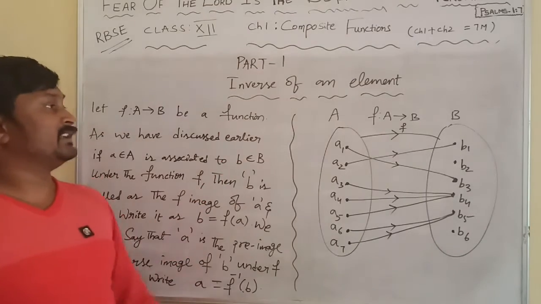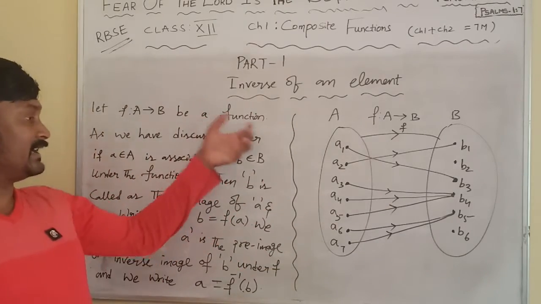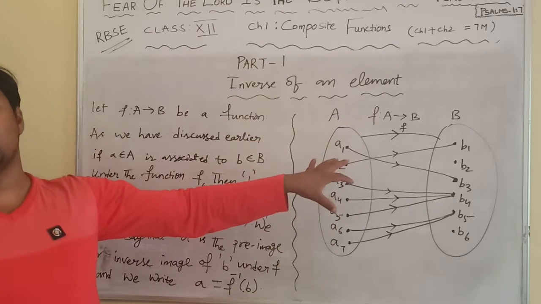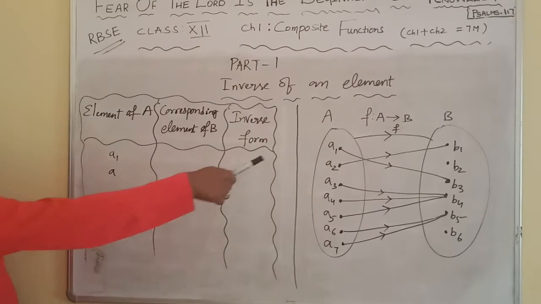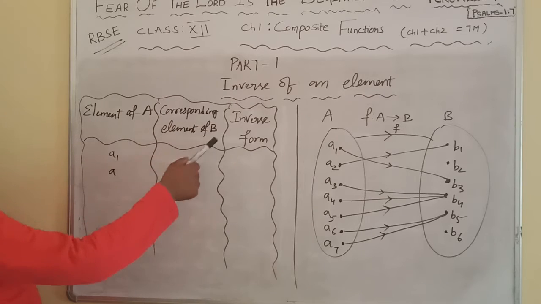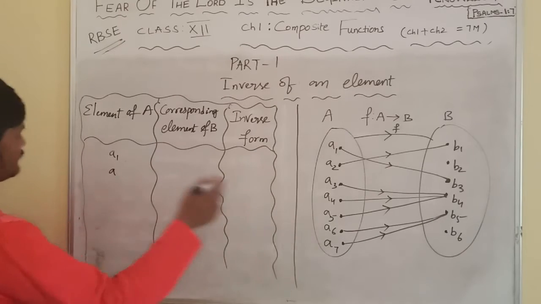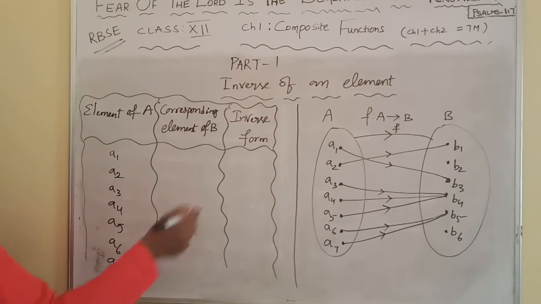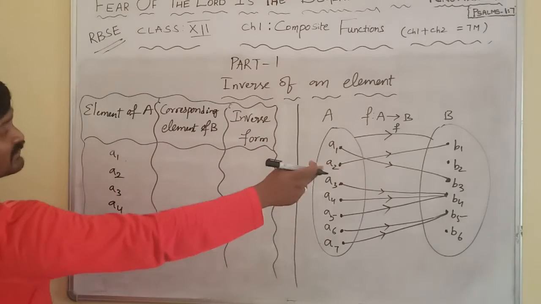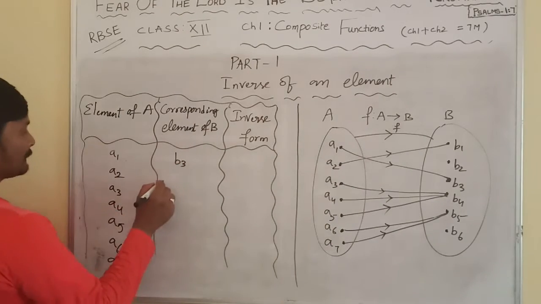About inverse of an element, let's discuss in detail with this diagram as a table. I'll write this diagram as a table so you can understand clearly. From this you can observe the elements of A and the corresponding elements of B. The elements of A are A1, A2, A3, A4, A5, A6, A7. Now you can check. A1 is associated with B3. A2 is associated with B1.